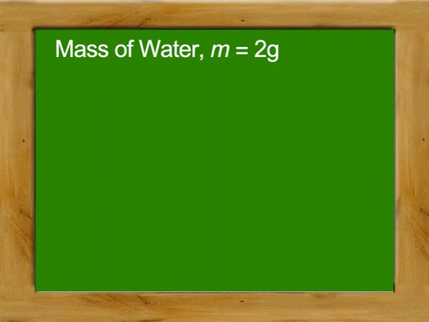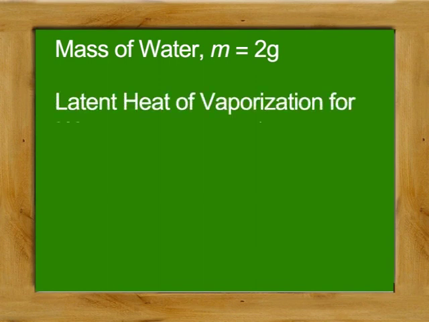Now, mass of water M is equal to 2 gram. Latent heat of vaporization for water L is equal to 540 calorie per gram.